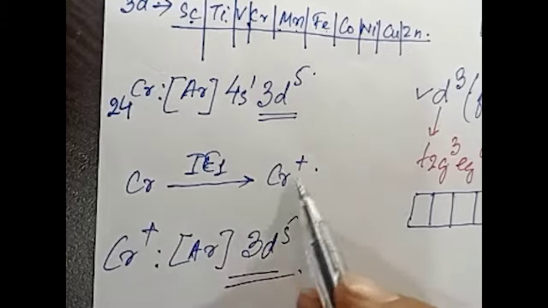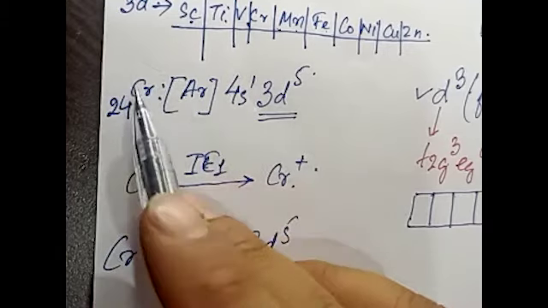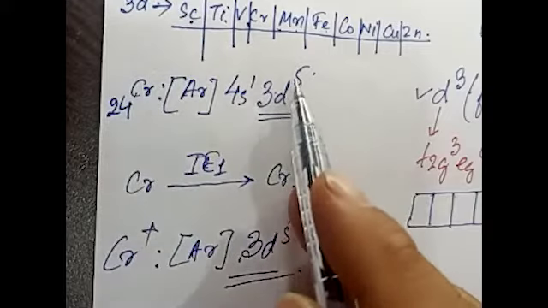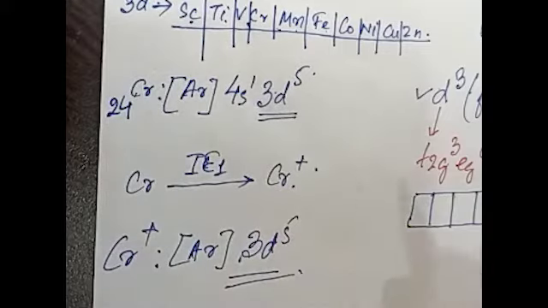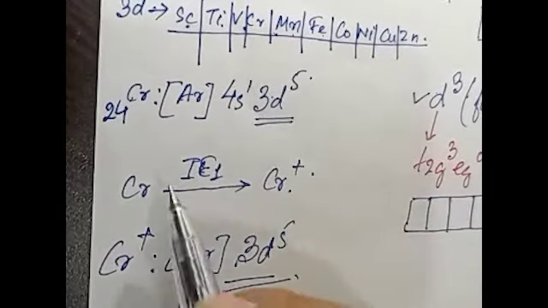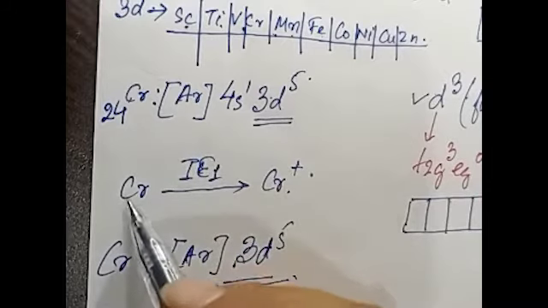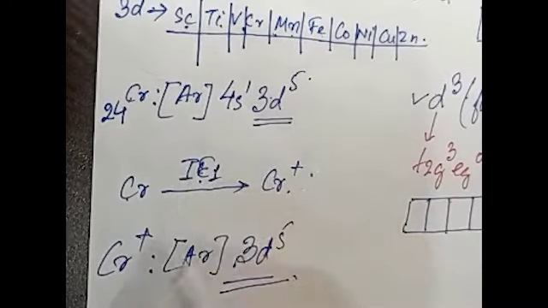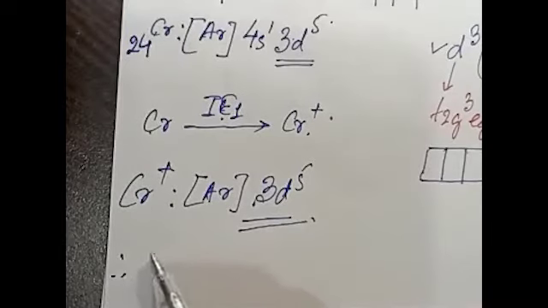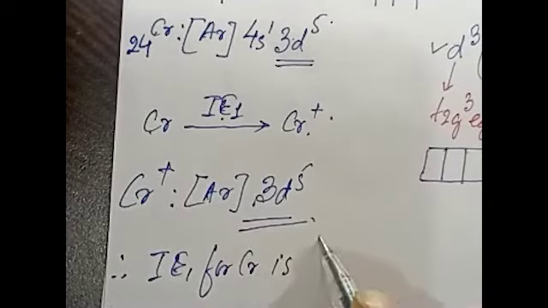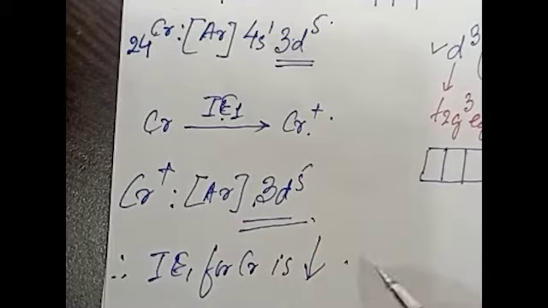This is Cr+ with d5, and Cr was also 3d5. That's all right, but it still has d5 only, so stability is not disturbed. Because chromium's stability is disturbed, the first ionization energy of chromium is low. Okay, therefore IE1 for chromium is low.